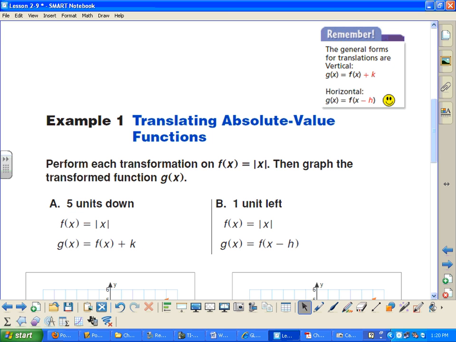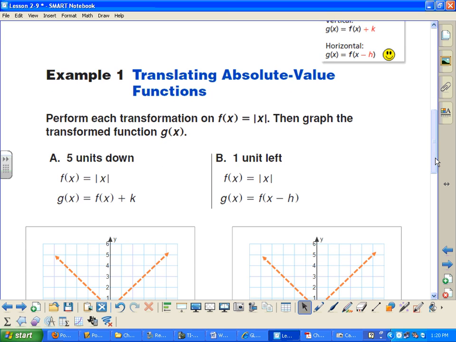So a vertical translation of an absolute value function is the absolute value of x plus k, and a horizontal one is the absolute value of x minus h. The plus k, when it's vertical, is outside the absolute value. If it's horizontal, it's inside the absolute value.